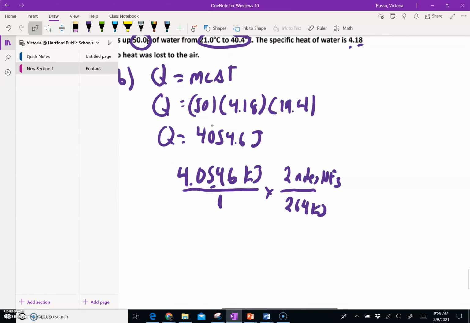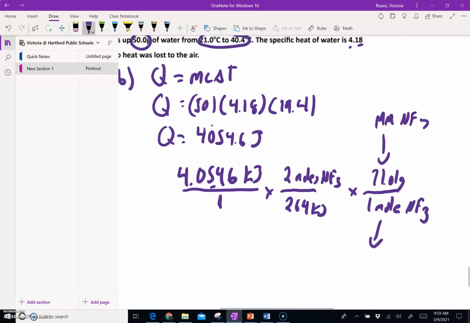Our last step, once we get it to moles, is to multiply by the molar mass. 1 mole of NF3 is equal to 71.1 grams. When you do all this math in your calculator, you end up getting about 2.18 grams. A lot of you forgot to do the conversion, so you got 2,180 grams as your answer. This goes with question 14 on the redo homework.